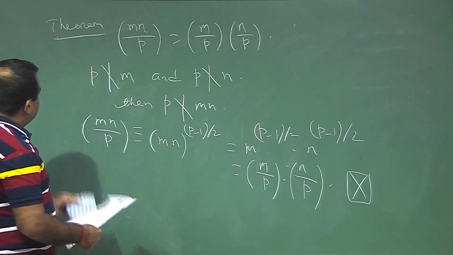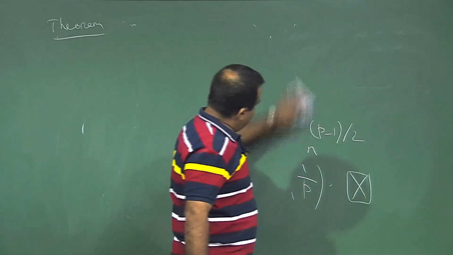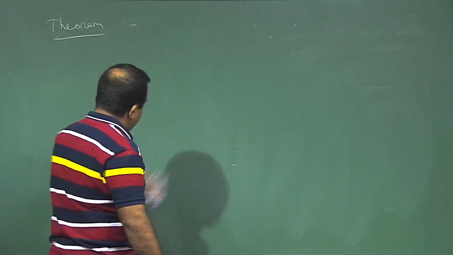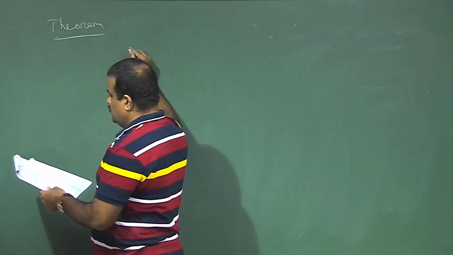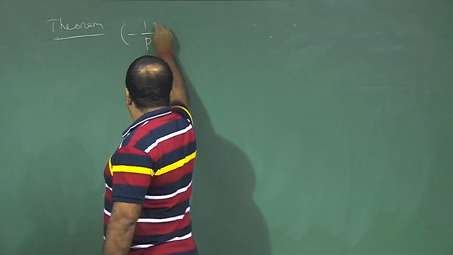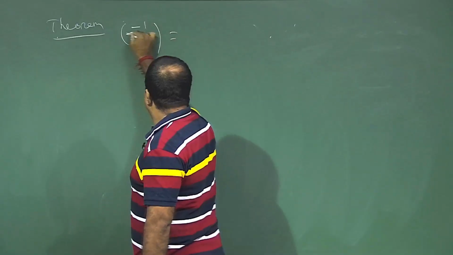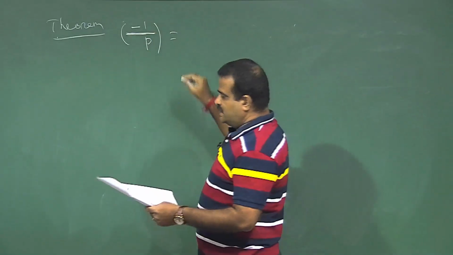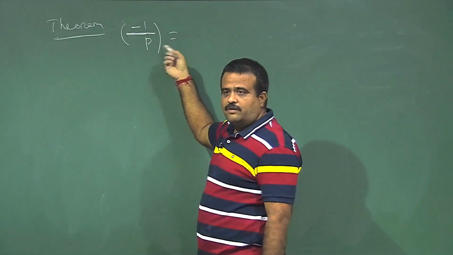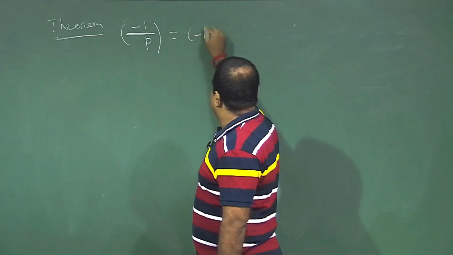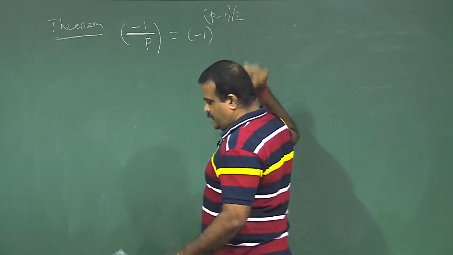Now, another theorem which comes directly from Euler's result. This is telling us (minus 1/p). By Euler's criterion, this is minus 1 to the power (p minus 1)/2 mod p.